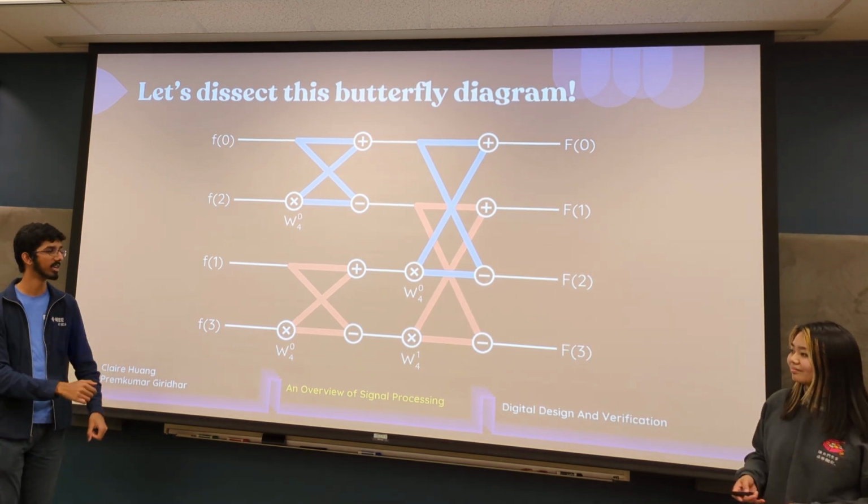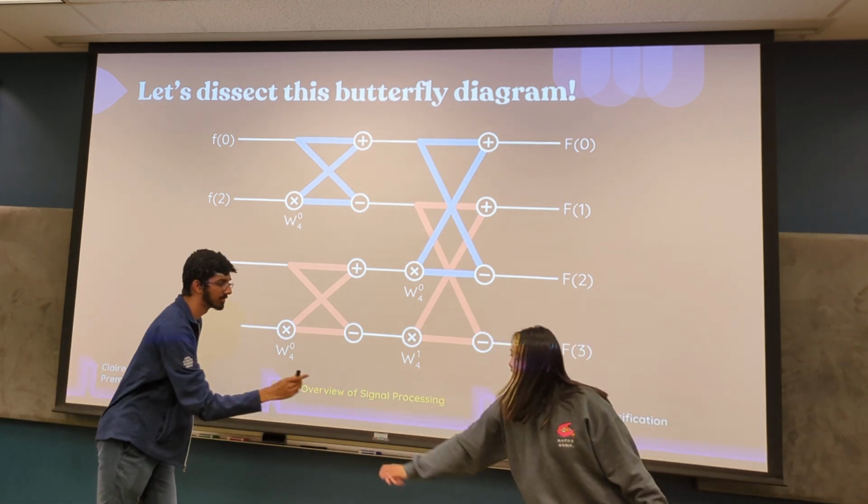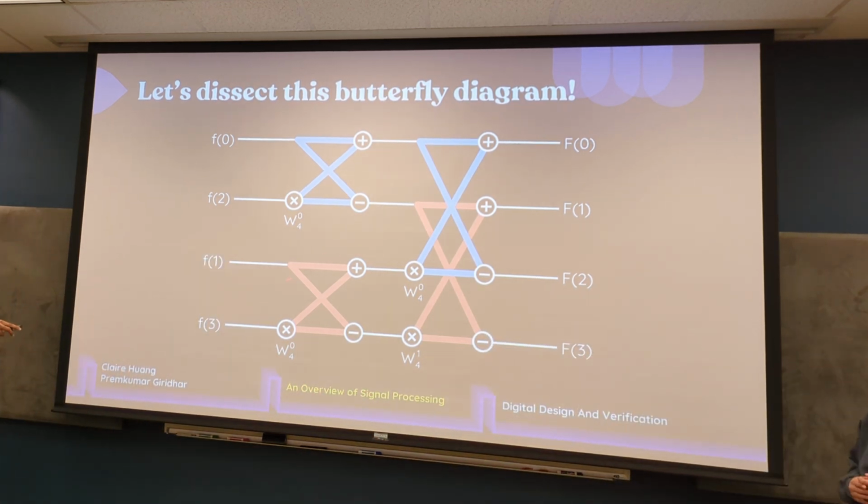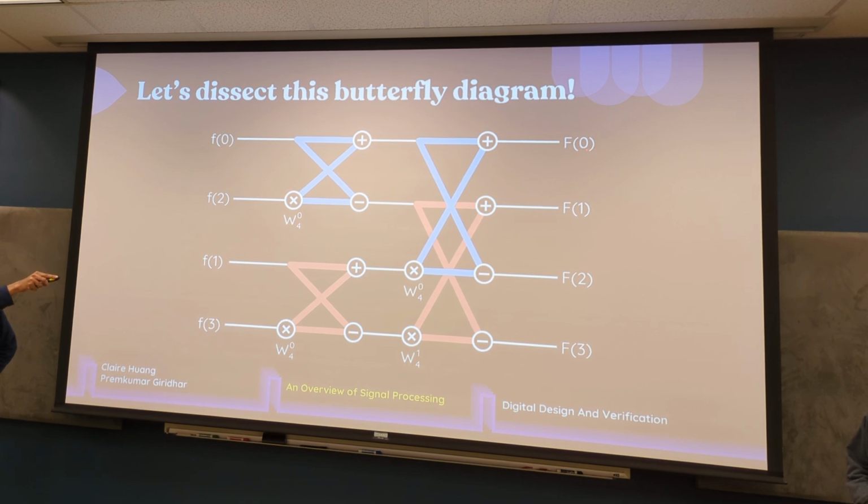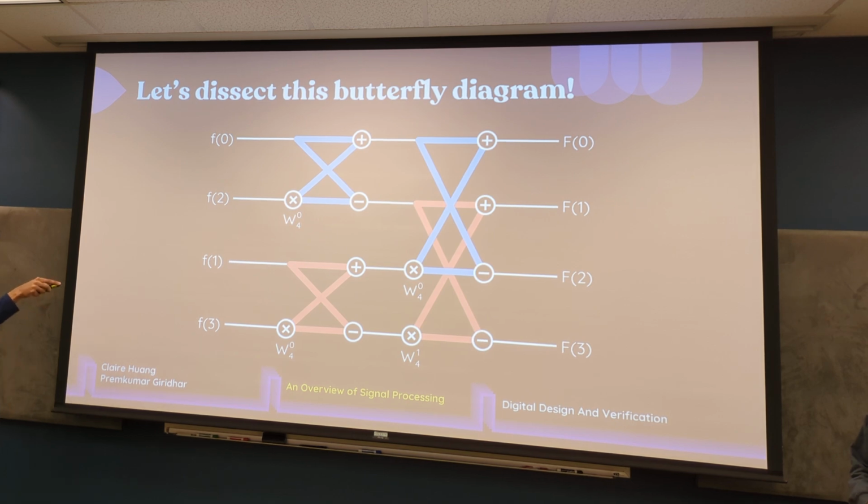Oh, no. Basically, what's going on here is we're saying that this entire diagram is a system that we plug our individual samples into. So in order to compute F0, we're going to first do the 2-point FFT with these two, and get an intermediate stage value right here.